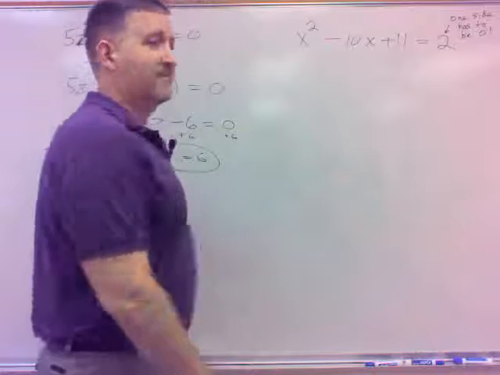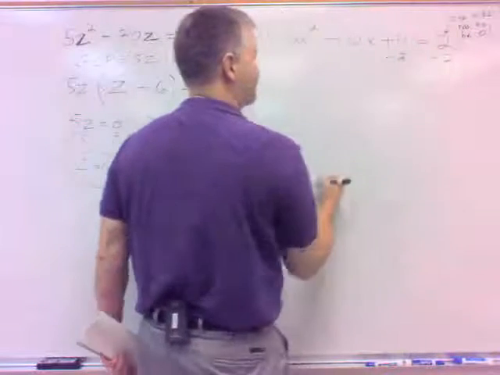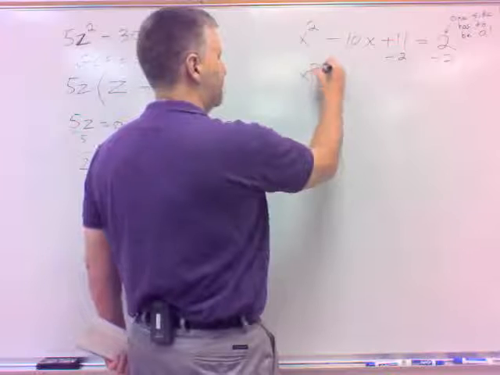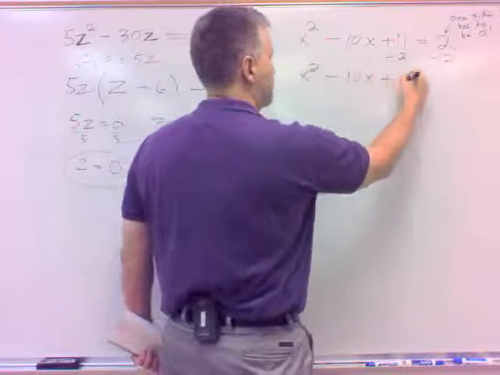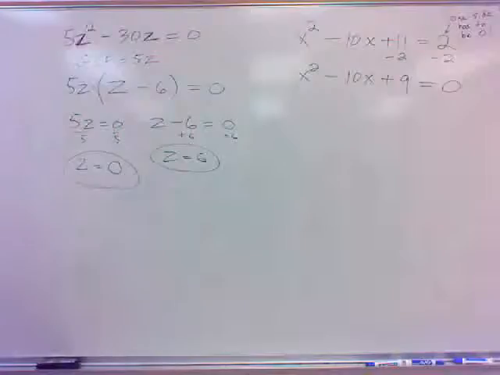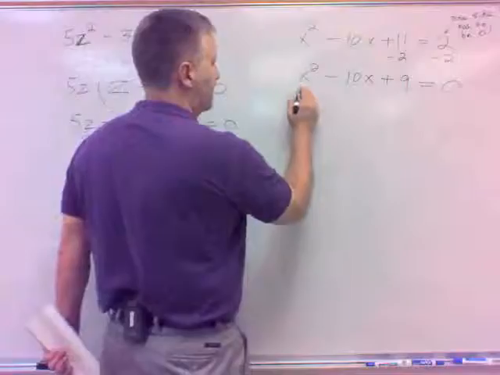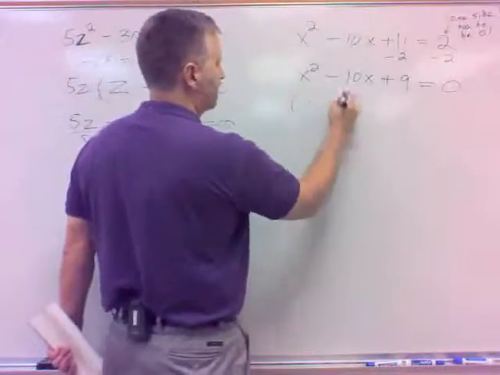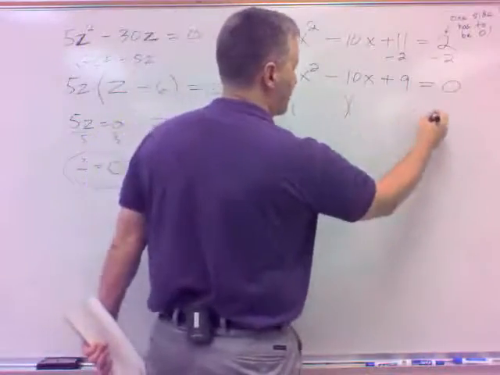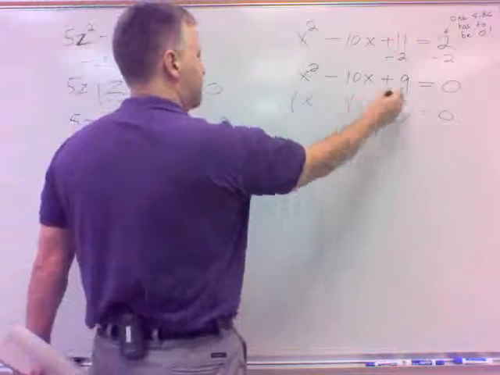And so how do I make that side be 0? I'll subtract 2 from both sides, so I get x squared minus 10x plus 9 equals 0. Now I'm in good shape. Now I can factor my left-hand side, and we're back to the trinomials, aren't we? x squared, so it's x and x. 9 with minus 10 in the middle.